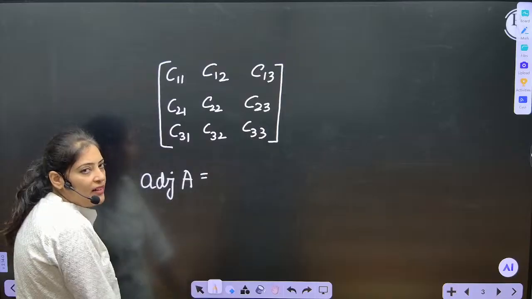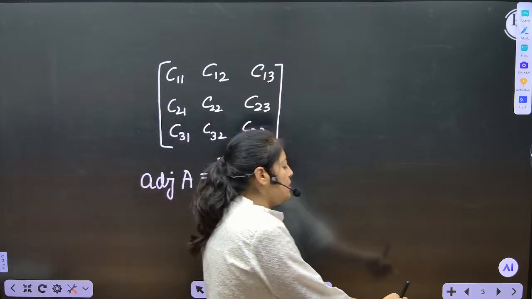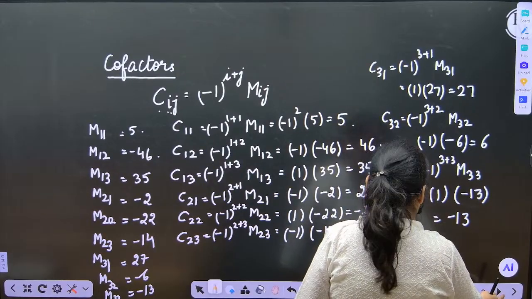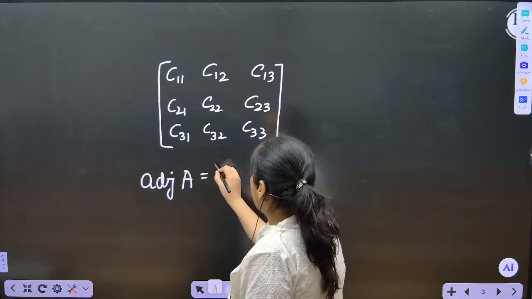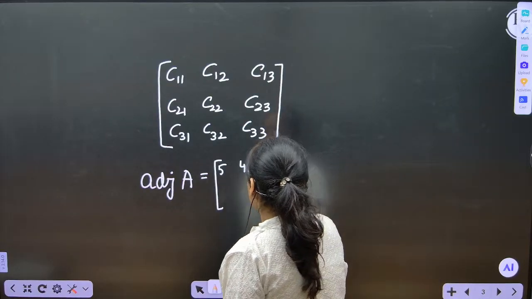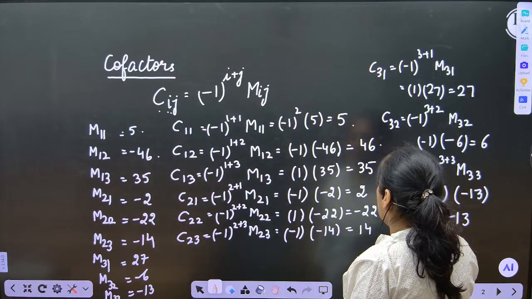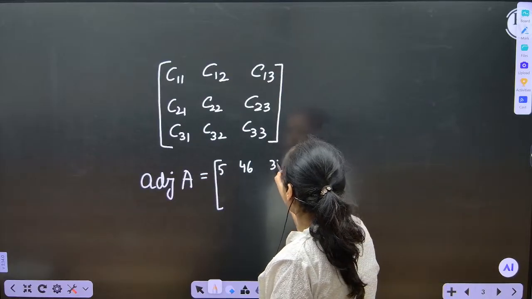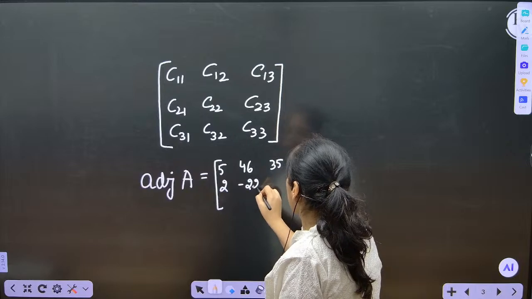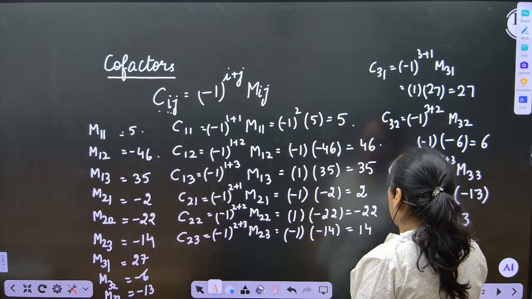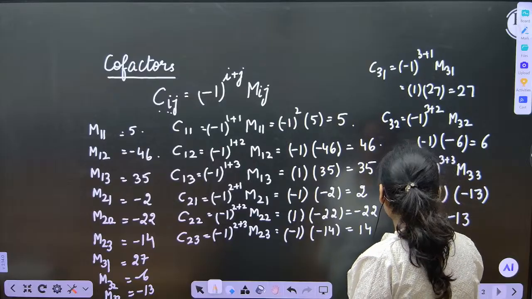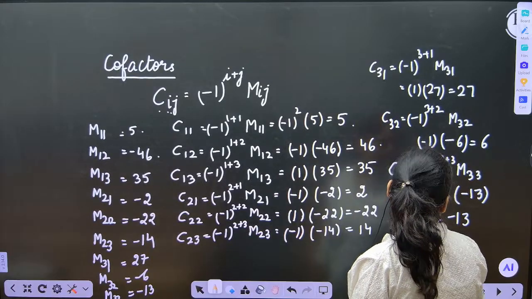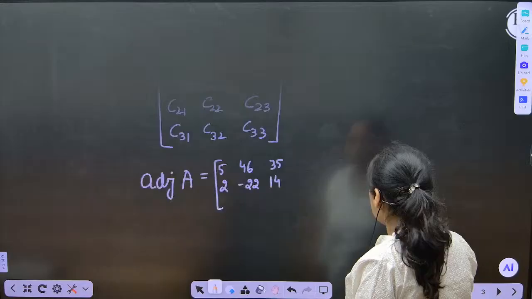Whatever the cofactor matrix you have got, C11 value is 5, 46, C13 value is 35, 2 minus 2, 2 minus 22, 14, C31 27, 6 minus 13.